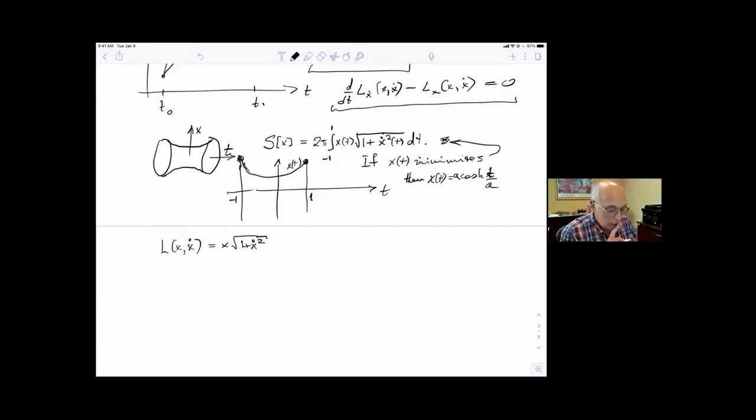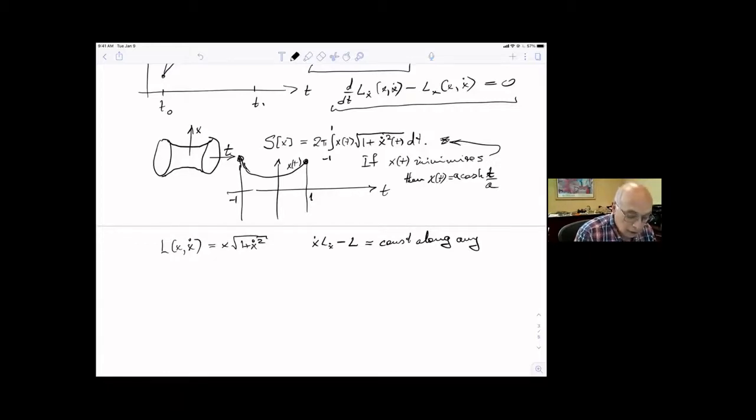And what I wanted to mention was this. If L was the difference of kinetic and potential energy, for mechanical systems, we had conservation of energy, which was expressed as follows. It's x dot differentiate L by x dot minus L. That was a constant along any solution of the Euler-Lagrange equation that is generated by this L, right?